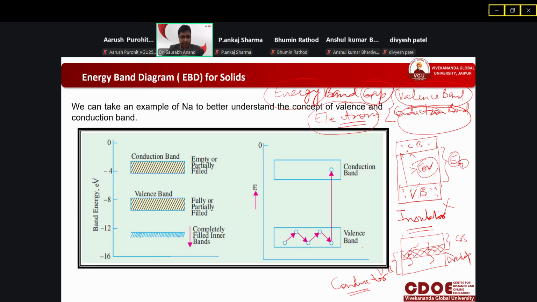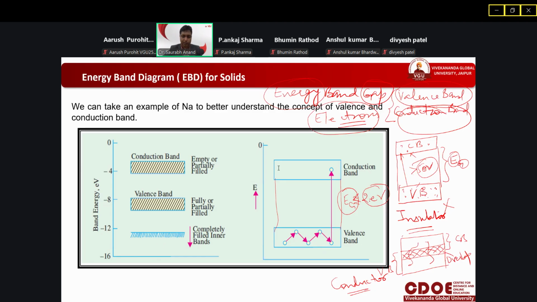And in case of a semiconductor, I am just showing here. In a semiconductor, this energy gap is approximately equal to 2 electron volt or less. So this energy is small enough that one electron can gain it easily.